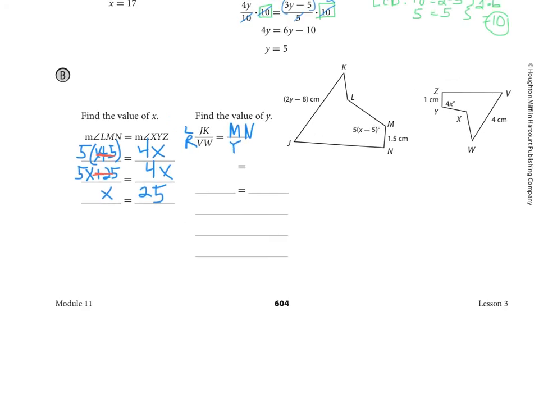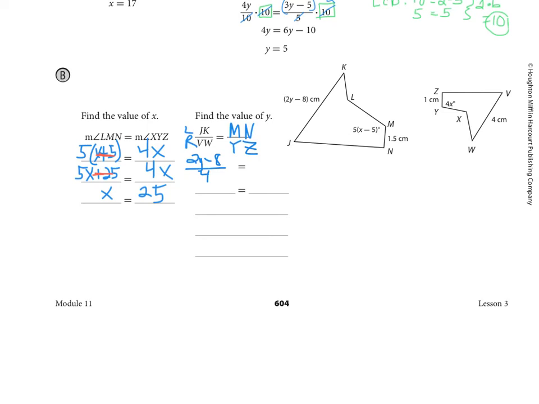Okay, let's fill in what we know. So if we set up the proportion, JK is 2y minus 8 all over VW, which is 4. MN, I don't know where my Z went there, sorry.